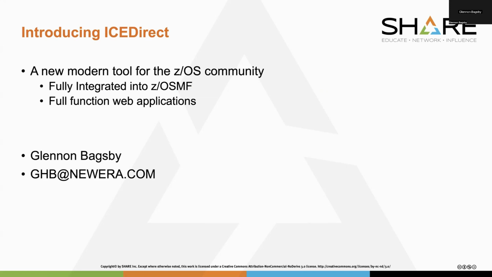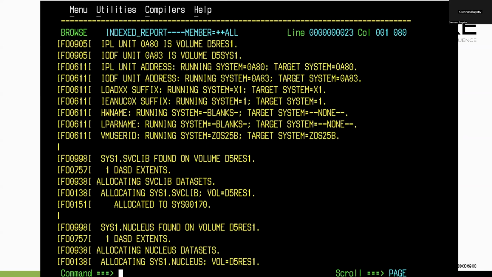But basically what we're doing here in this example is to show you the use of ICEDirect to help you analyze the output from one of our products called Image Focus.